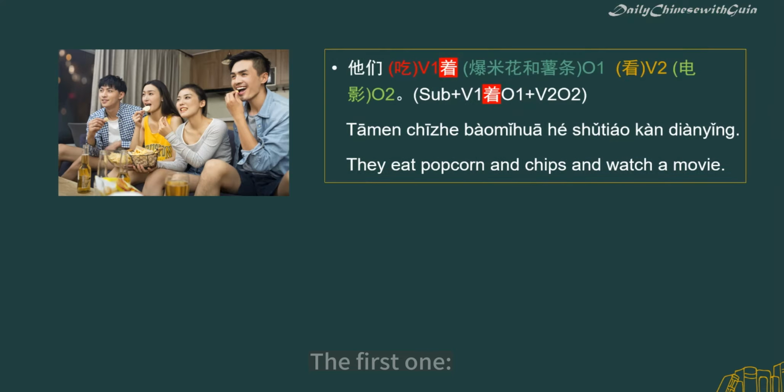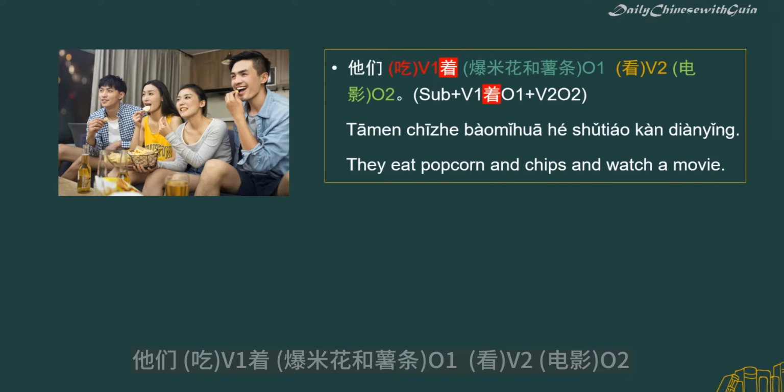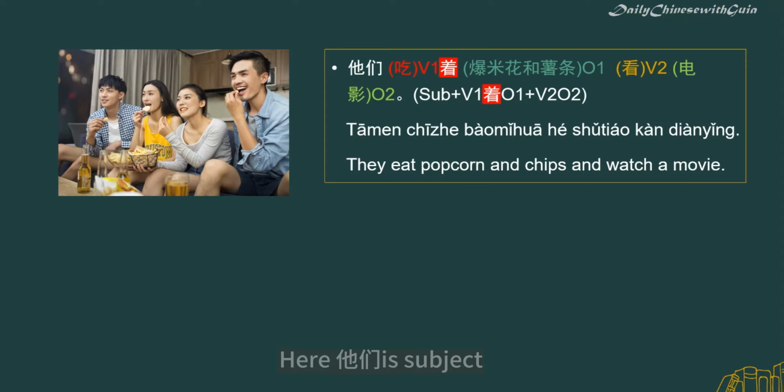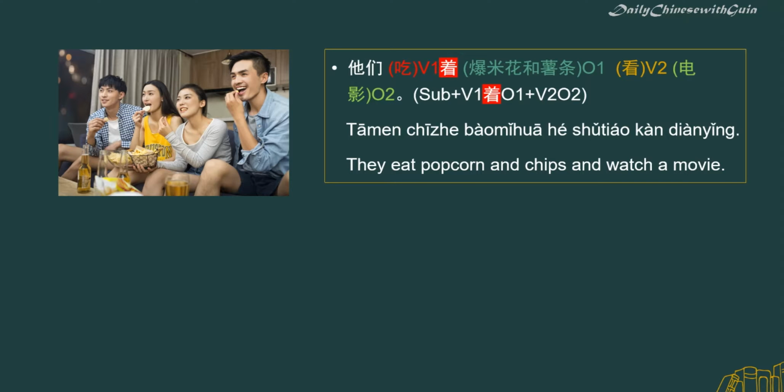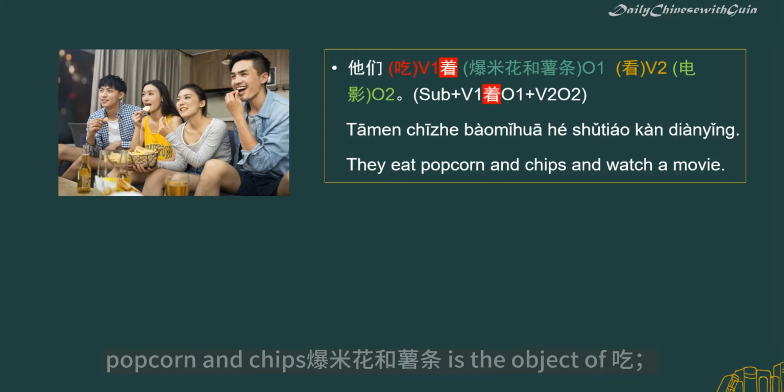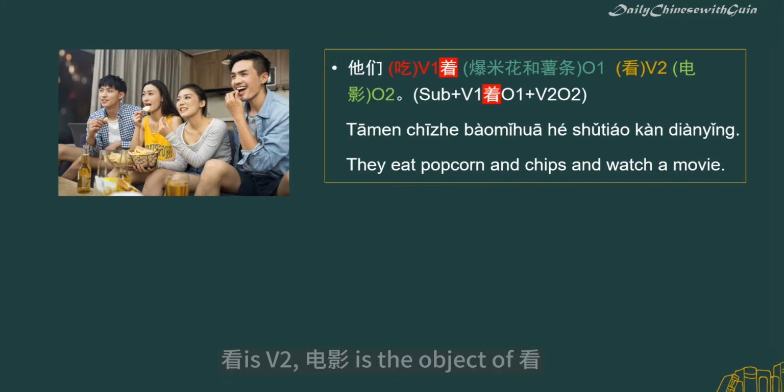The first sentence, we can say 他们吃着爆米花和薯条看电影. Here, 他们 is the subject. 吃 is the accompanying state of watching a movie. So we say 吃着. Popcorn and chips, 爆米花和薯条 is the object of 吃. 看 is V2. 电影 is the object of 看. Okay?